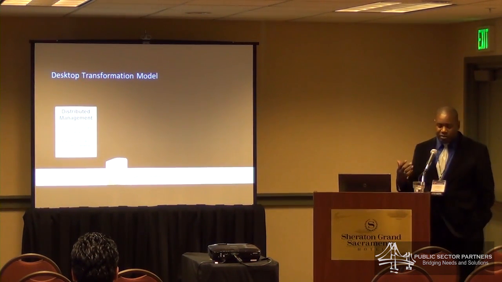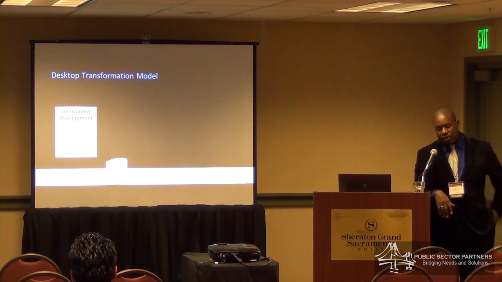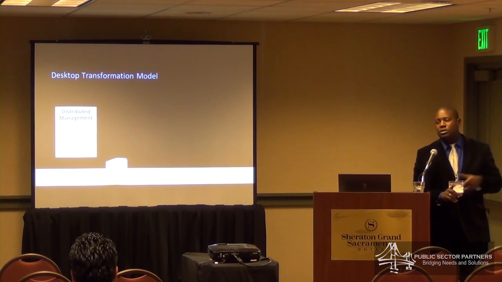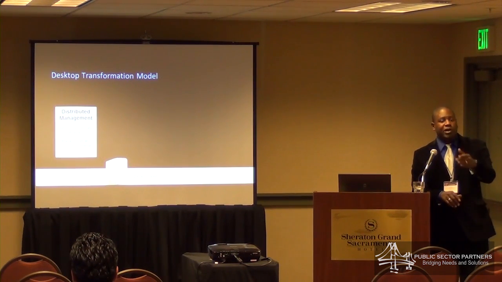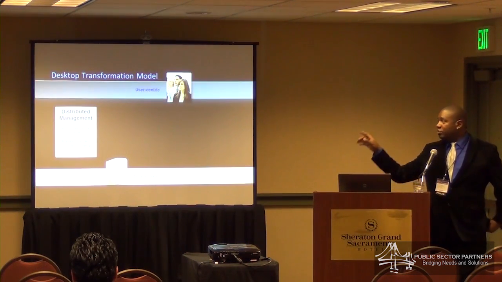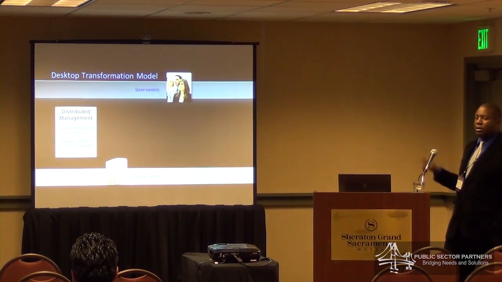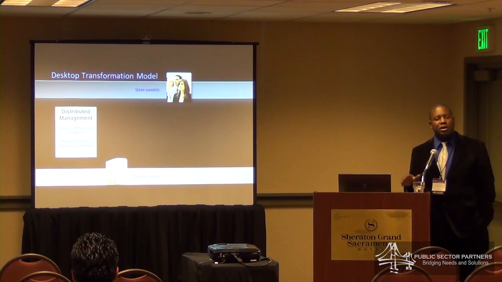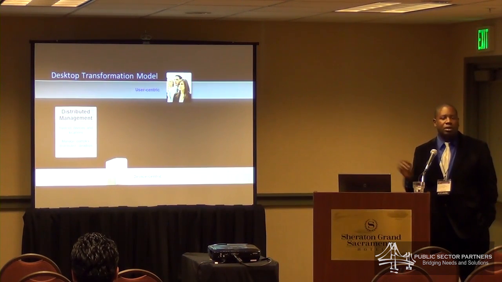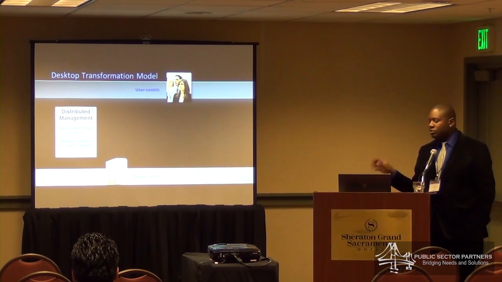So in that desktop transformation model, we went from centralized to distributed computing, and now we're moving on into cloud computing. But one of the key points is that most of those models have all been device-centric, right? All those models that we've been predicated upon have been device-centric very specifically. And this is an area where we're moving towards user-centric, right? Where the user is going to make the actual difference from where they are.